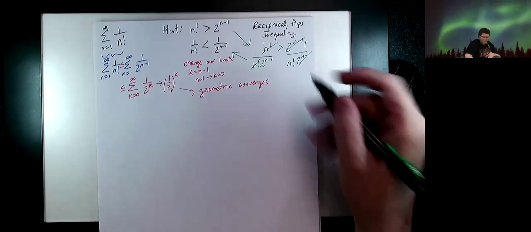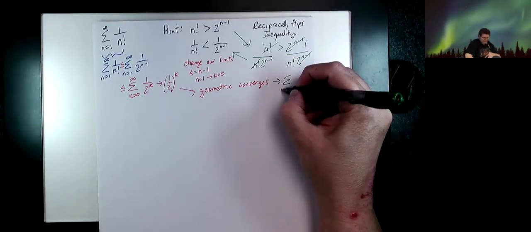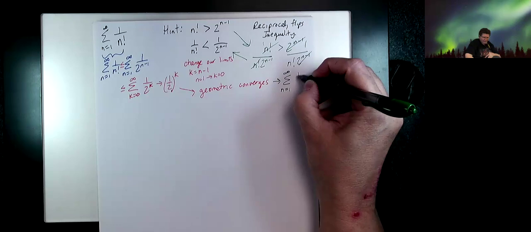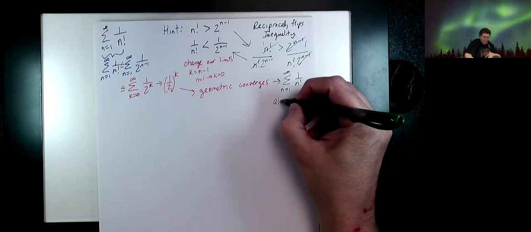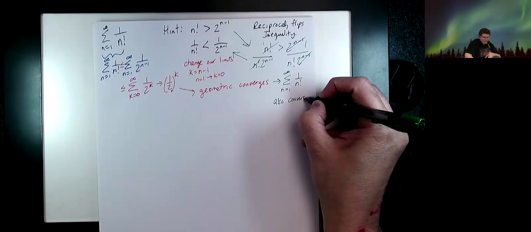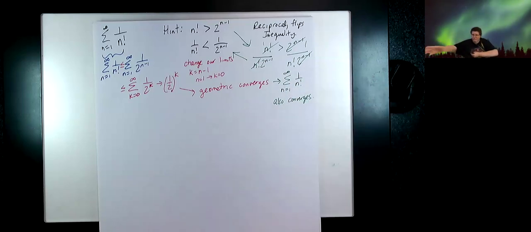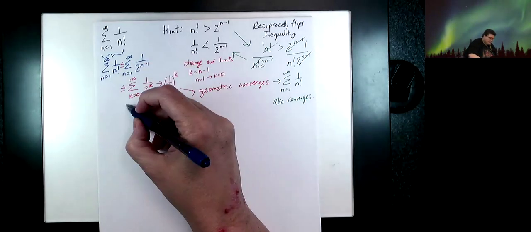Which means our summation of n equals 1 to infinity of 1 over n factorial also converges. Notice I didn't show what the sum was. Geometric series, you can actually find what the value is. And maybe we should, just as good practice. What does this equal?